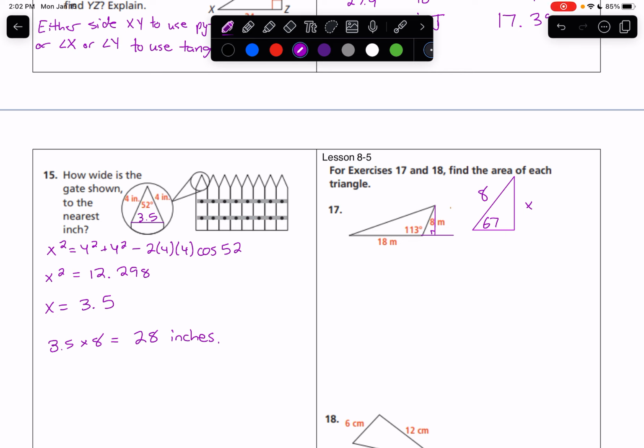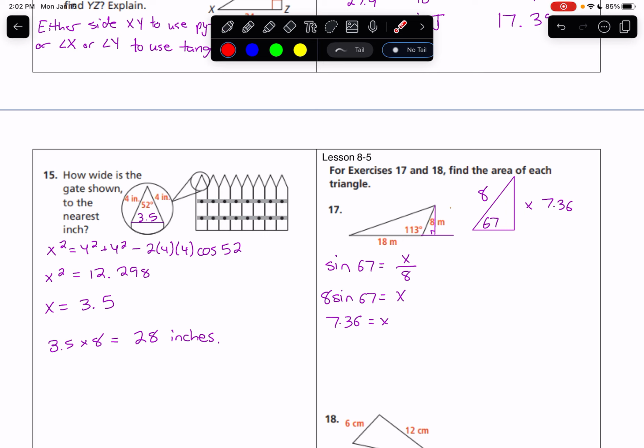So if I know the angle of 67, x is opposite of that angle and 8 is the hypotenuse. So the sine of 67 is equal to x over the hypotenuse 8. So 8 sine of 67 is equal to x. I can figure out what that is. That's 7.36 is equal to x. So in this case, the height of that triangle is 7.36, same as the height of the entire obtuse triangle.